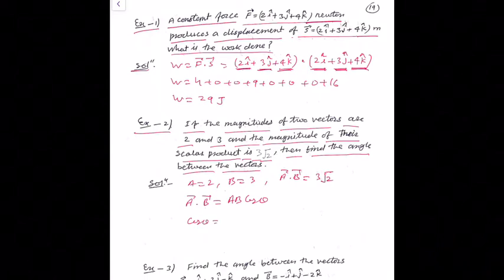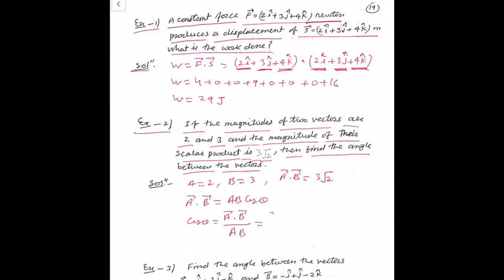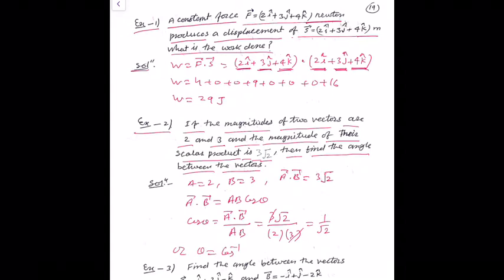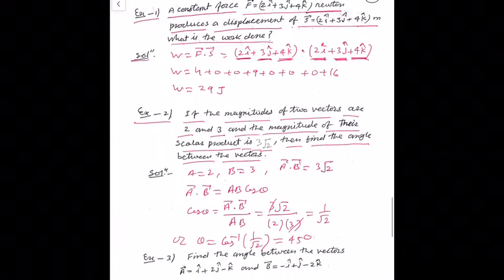So cos theta is equal to A vector dot B vector upon AB. Put the value 3 root 2 upon 2 into 3. 3 to 3 cancel and 1 upon root 2, or we can write theta equal to cos inverse 1 upon root 2, or theta is equal to 45 degree.